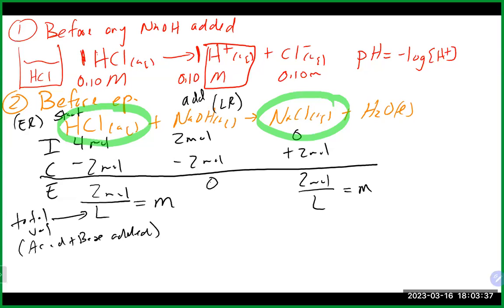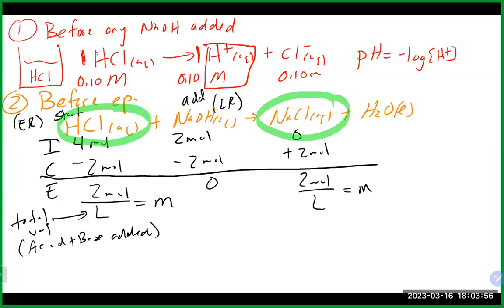By the way, is that a buffer? It is not a buffer, because HCl is a strong acid, and you cannot have a buffer with a strong acid. So you do not want to use the Henderson-Hasselbalch equation here unless you're looking for an x. You don't want to do that.